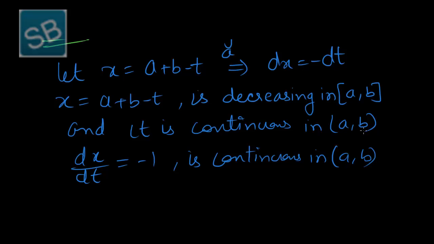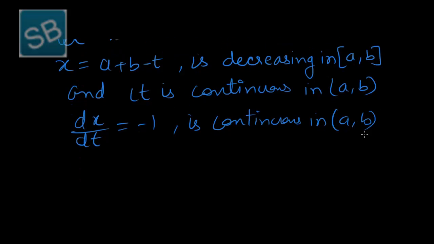Now we have to find alpha and beta: when x = a, t = b, and when x = b, t = a.